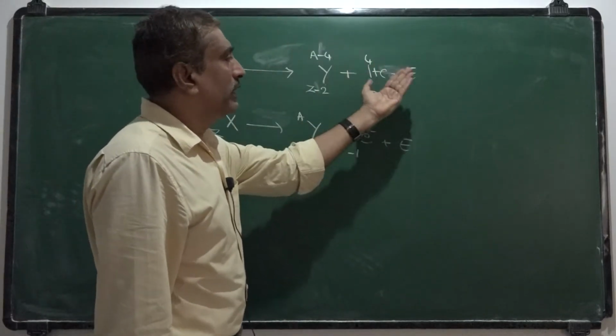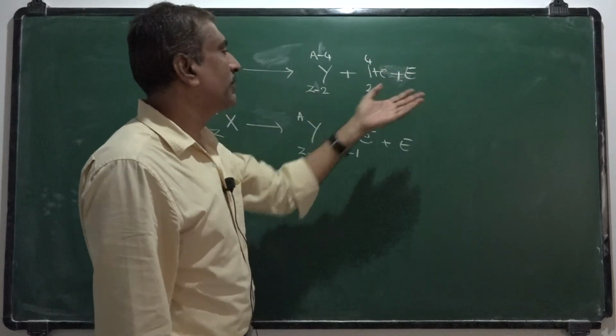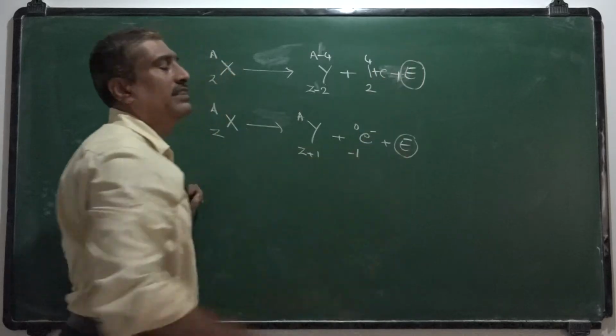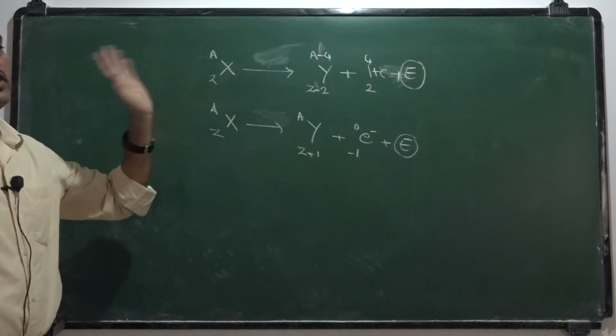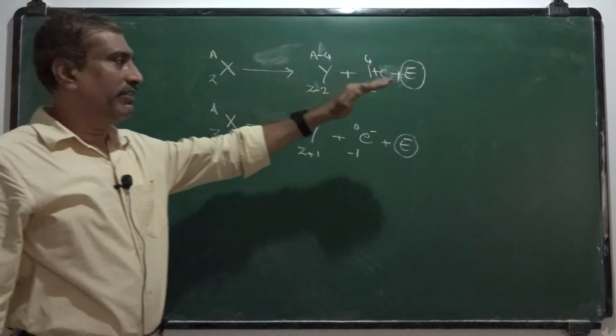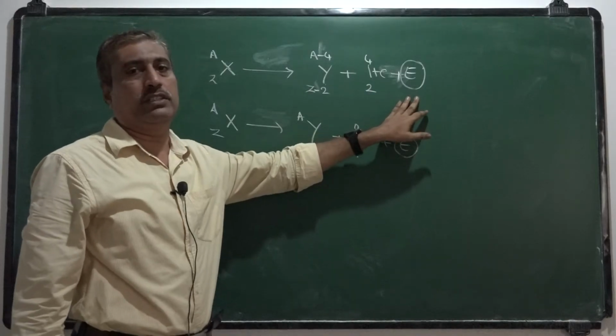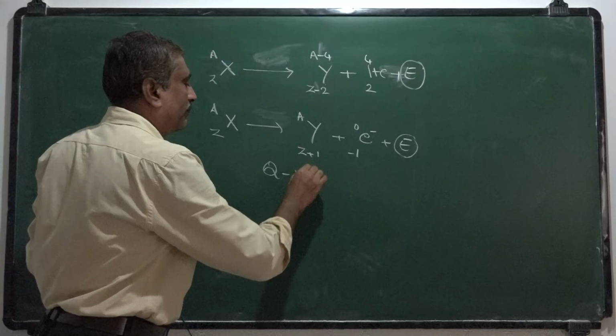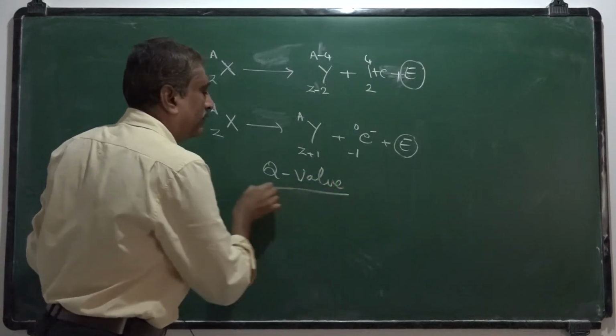This energy released, the disintegration energy, is called the Q value of this equation. The amount of energy released in a nuclear reaction is called the Q value of that reaction. You have to remember this.